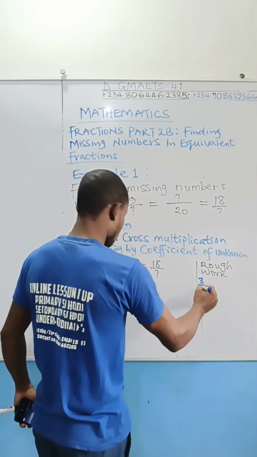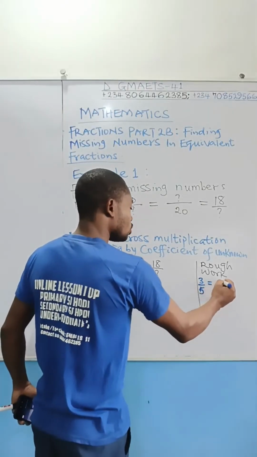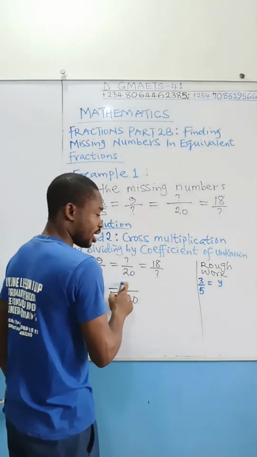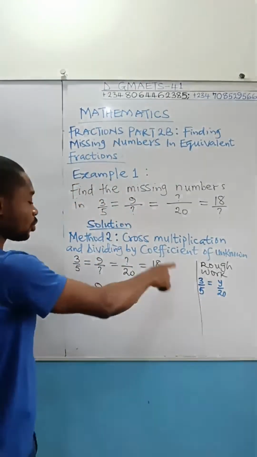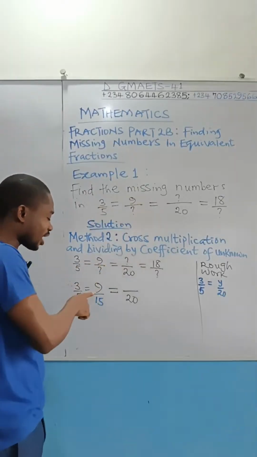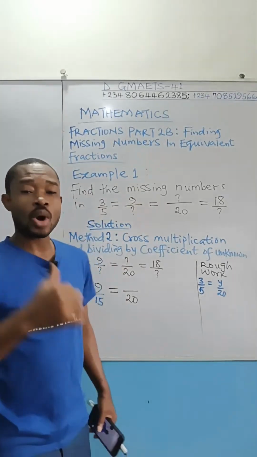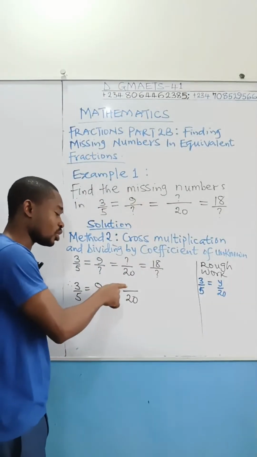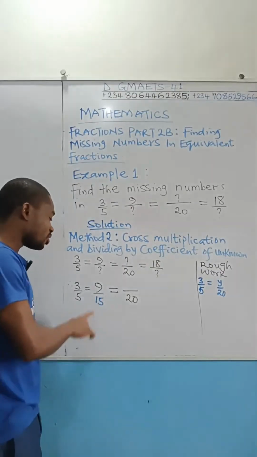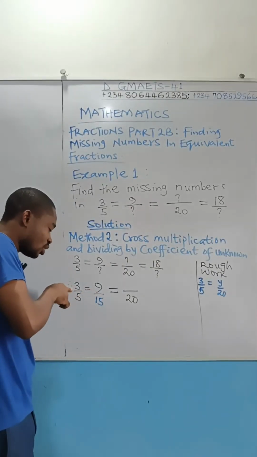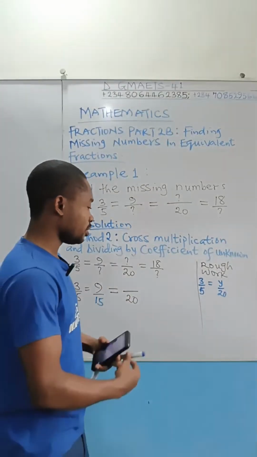Equal to, let's use y this time, y over 20. When I show you this and we get this missing number, I will still come back and use 9 over 15 to get this missing number. In method 1, you could not use this 9 over 15 to get this one directly. No, you can't do that, except you reduce this 9 over 15 down to its lowest term. I said it when I showed you method 1.